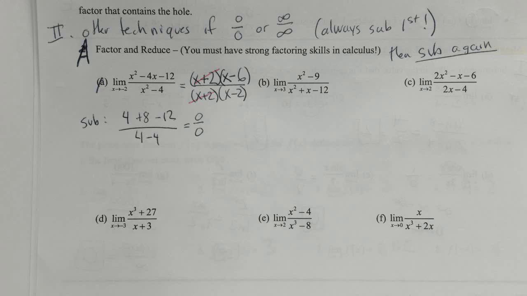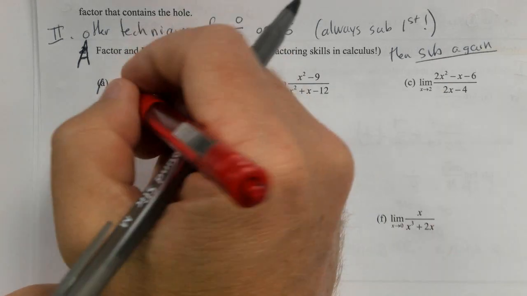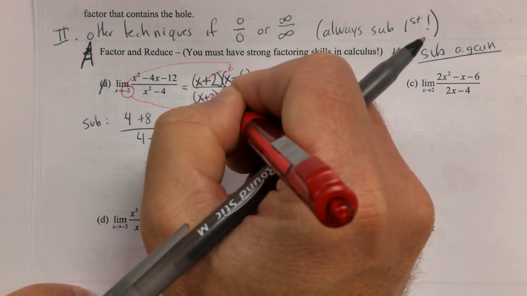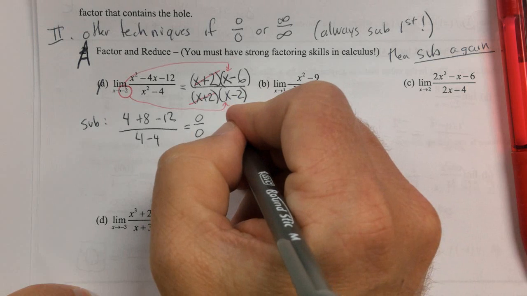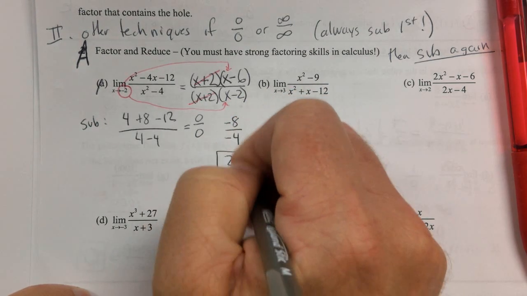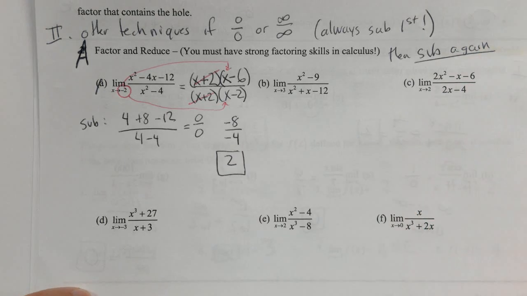You're going to substitute, it's not going to work. You're going to do an algebra method, an algebra trick, something fun will happen, and then you substitute again. So let's try again with plugging in negative 2. So now we've got negative 8 over negative 4, and now I've got a nice, normal, regular type answer.